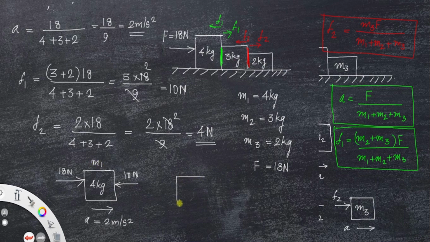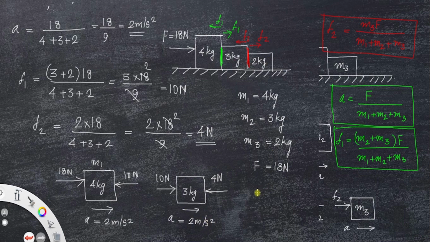So for the mass m2, that is our 3 kilogram, on the left hand side it is 10 Newton, that is F1. On the right hand side it is 4 Newton. Again the acceleration is towards the right, which is equal to 2 meter per second square.